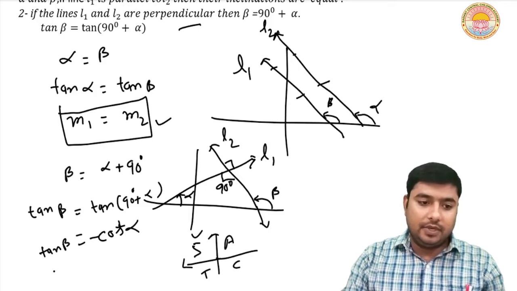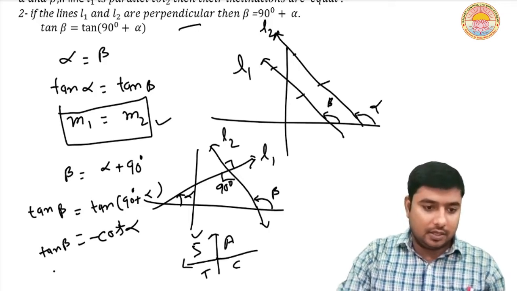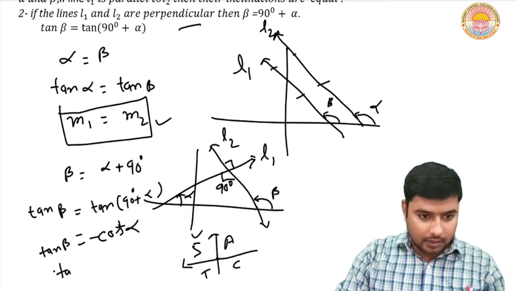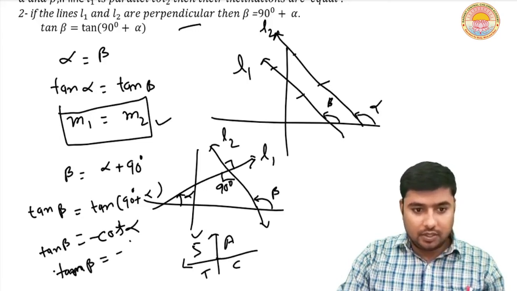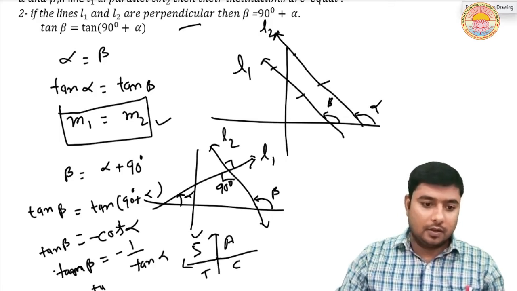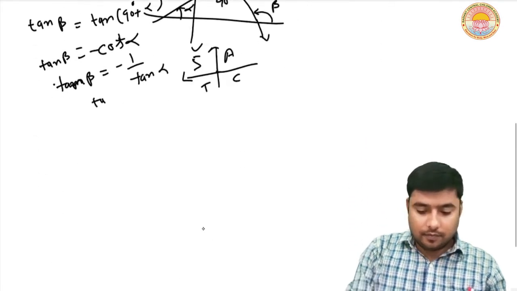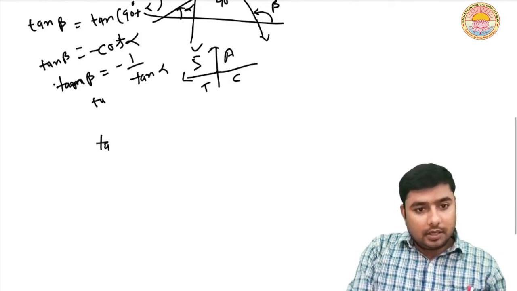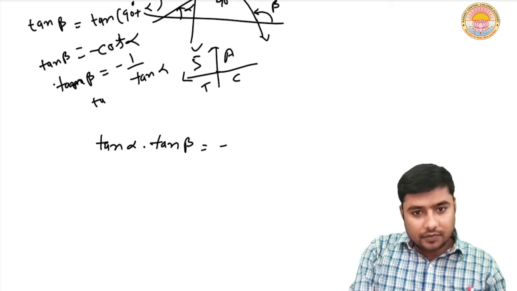So tan beta equals minus 1 upon tan alpha. Now tan alpha into tan beta equals minus 1.